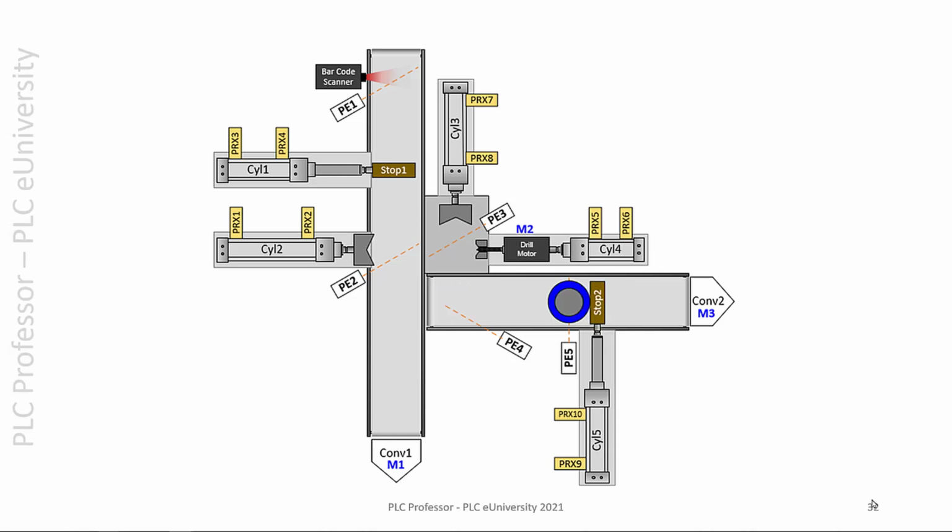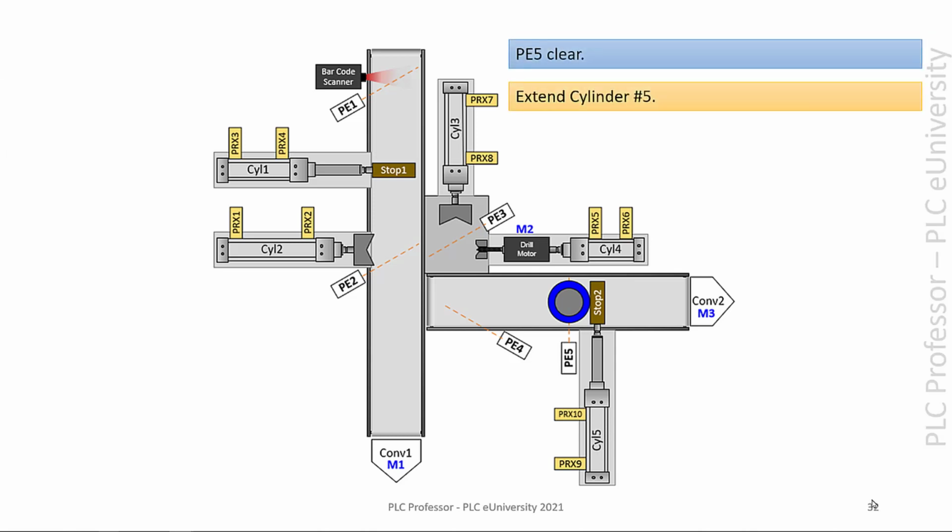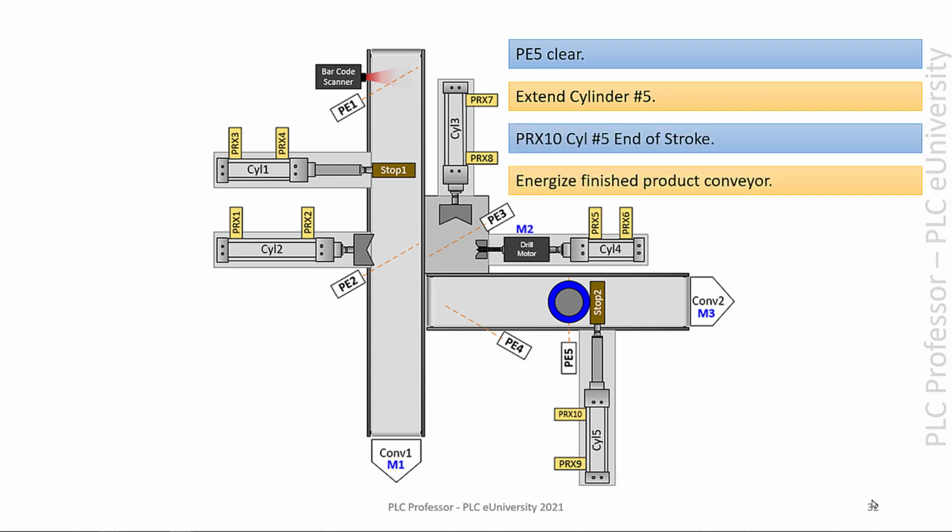Retract cylinder 3, then if photo eye 5 is clear, we extend cylinder 5, and when it reaches the end of stroke, then we energize the finished product conveyor, and the part moves from PE4 over to PE5 where it's at. So my illustration's slightly amiss here. That part should not be over at PE5 until after we energize the finished product conveyor.